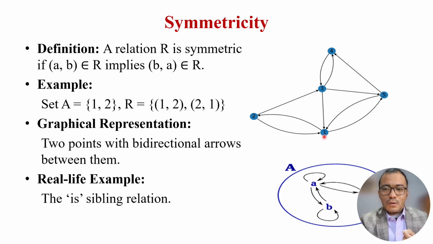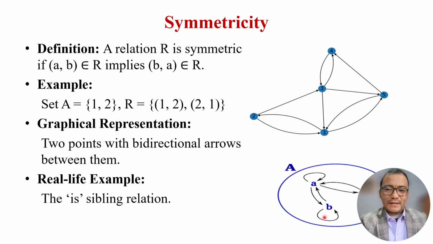Similarly (1,5) is here, and 5 to 1 is also there. Here we can also check 3 to 4 and 4 to 3. These are connected: 1 and 2, 1 and 5, and 3 and 4 are linked with bidirectional arrows in the graph.